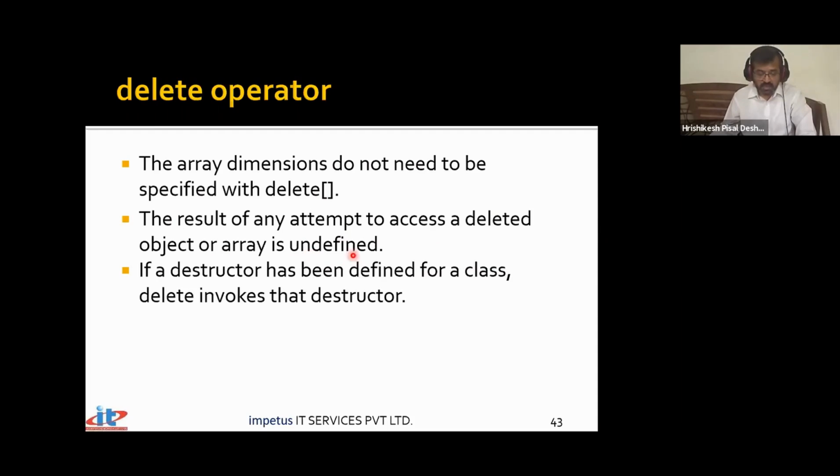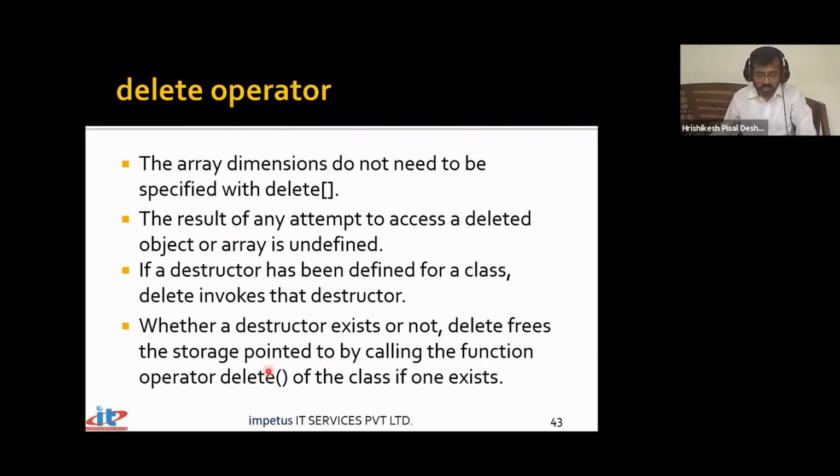Anything can happen. If a destructor has been defined in the class, delete invokes the destructor, because delete is actually destroying an object. And since objects are being destroyed, destructors are bound to be called. Whether a destructor exists or not, delete frees the storage pointed to by calling the function operator delete of the class if one exists.